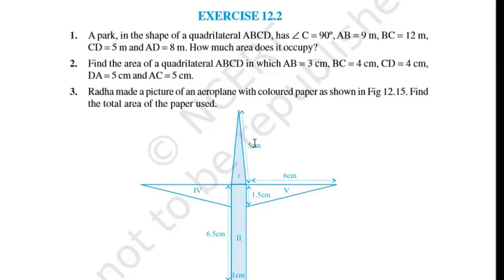So let us say here is the point A, and this length AB is 9 and this length AD is 8. So AD is 8, CD is 5, AB is 9.